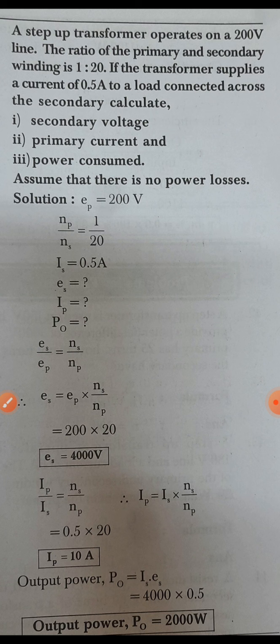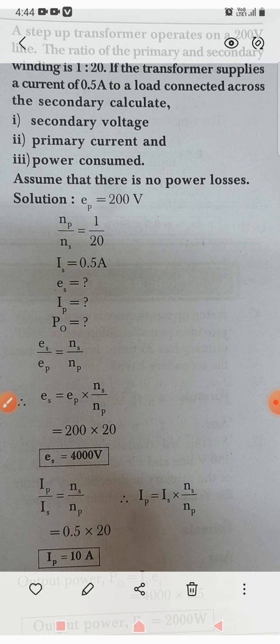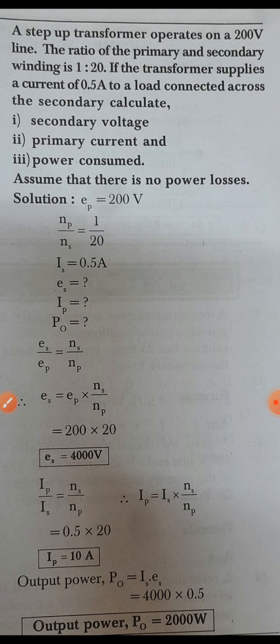Friends, in this way we have completed the topic electromagnetic induction and we have completed our syllabus of section 2. Already I have completed section 1, and from section 2 I have taken two topics, one the semiconductor and second the electromagnetic induction. So both topics I have completed, and in this way your syllabus is completed here.